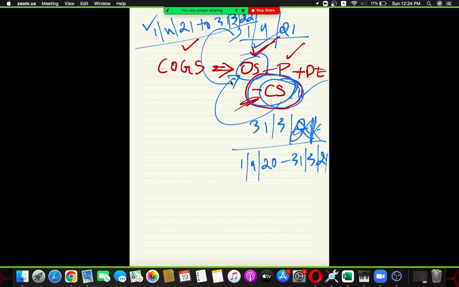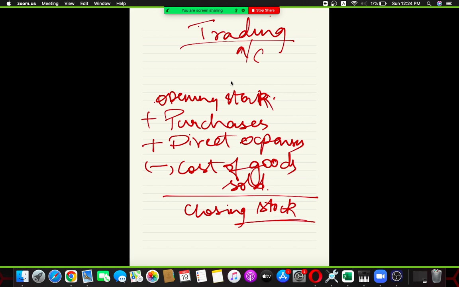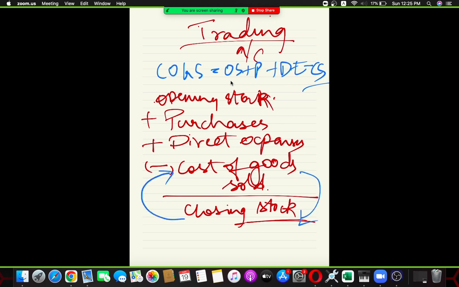That is the reason. Now, if you have understood this, then it is easy for you to understand this. What did I say with respect to the COGS formula? COGS is opening stock plus purchases plus direct expenses minus closing stock. This closing stock is nothing but a movement of the place.